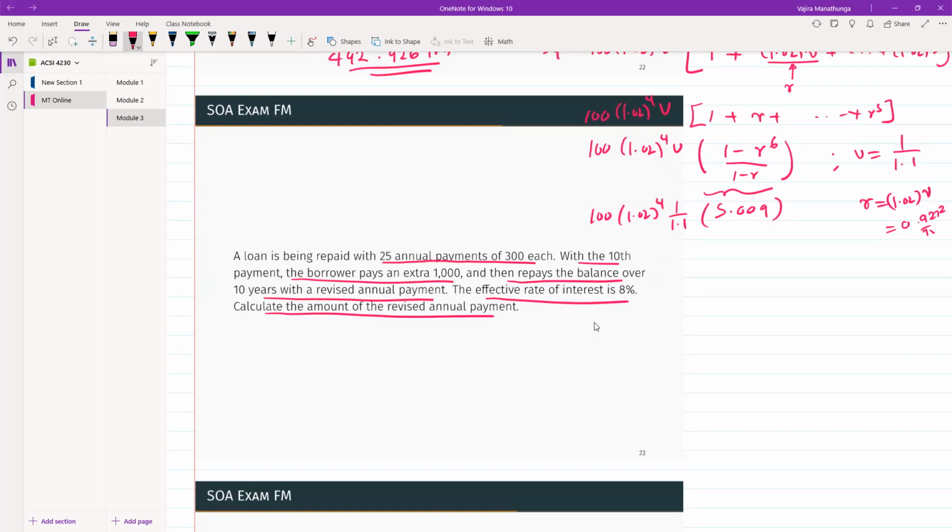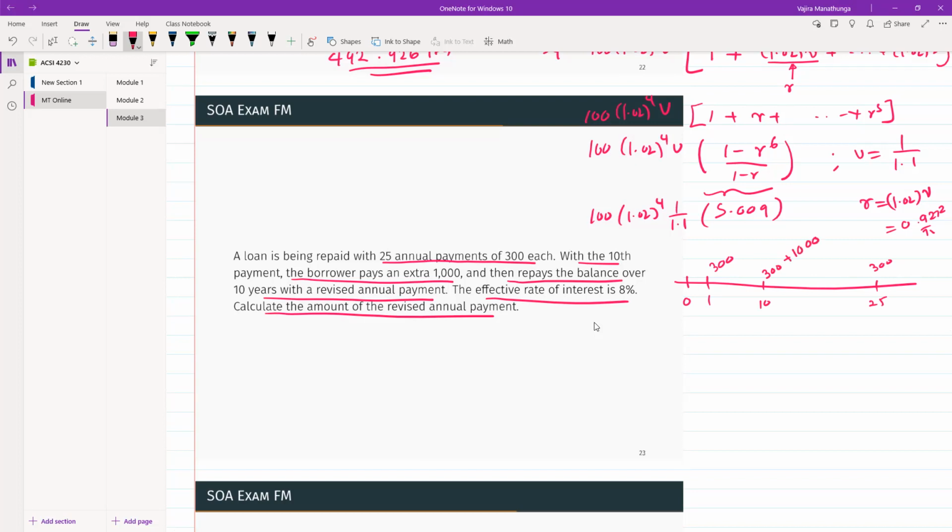Okay, so let's draw the timeline and see how this looks like. So the original loan amount is not given, but we know the payment size is 300. With the 10th payment, so you have the 10th payment, the borrower pays extra $1,000.